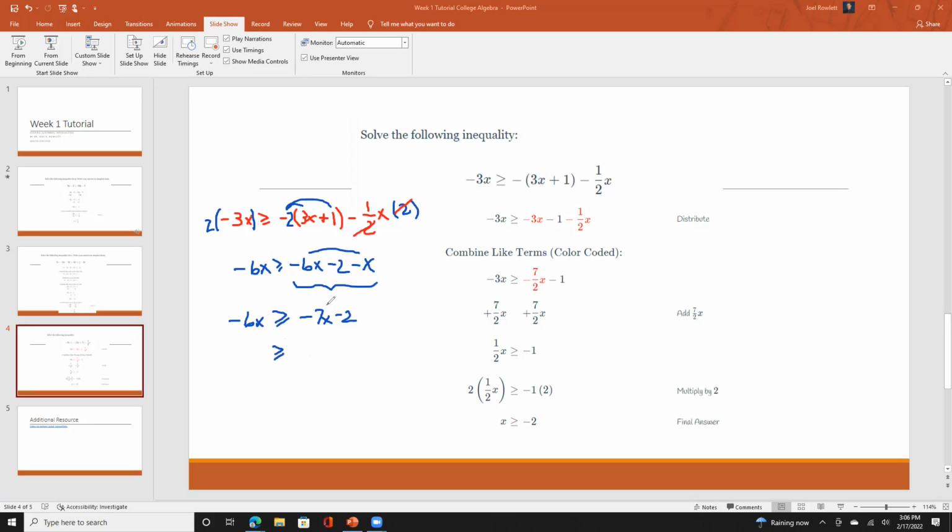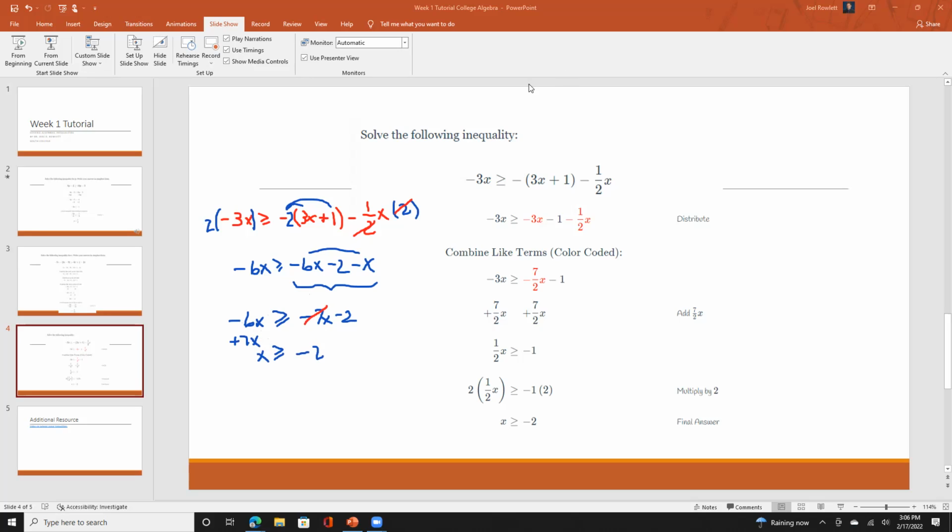If I add 7x on the right side there, then that's going to cancel away and leave me with just a -2. And if I add 7x over here on the left side, that's going to give me -6x plus 7x, which is 1x.